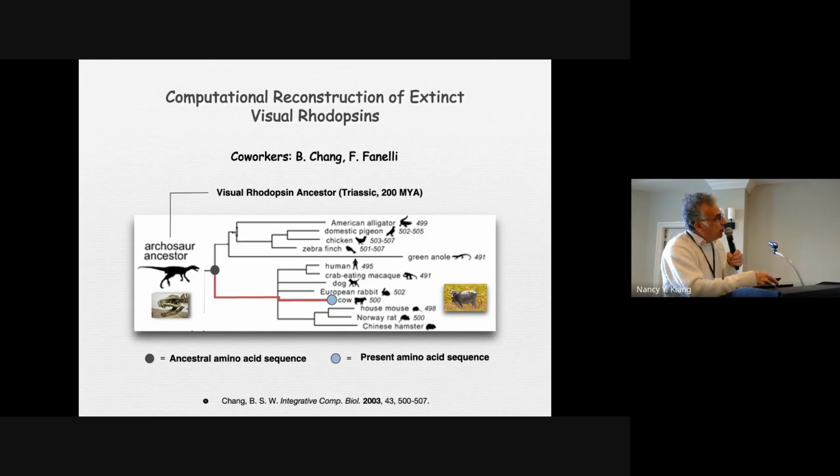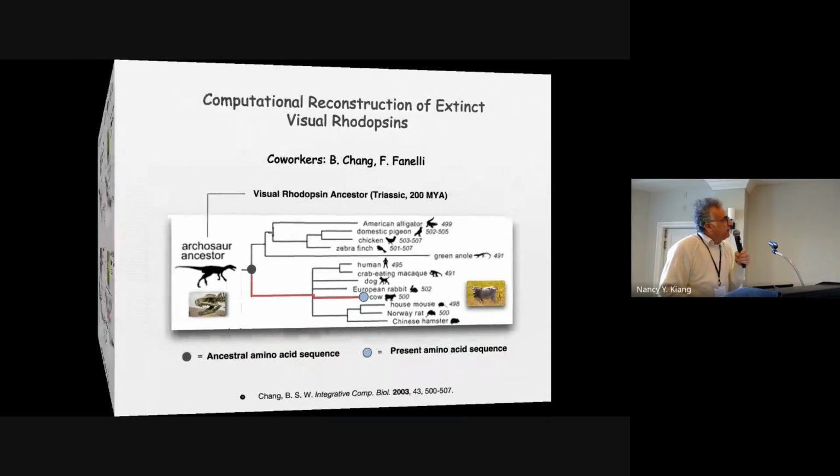And you can basically predict the sequence of the rhodopsin of a dinosaur, an extinct organism, obviously, and use our technology to build the model of this pigment that existed more than 200 million years ago. And then you can see if it is working the same way, if it has the same efficiency that modern rhodopsins have.